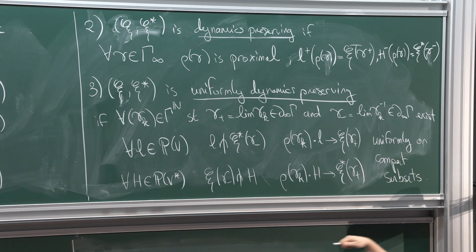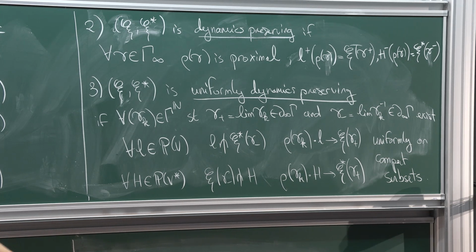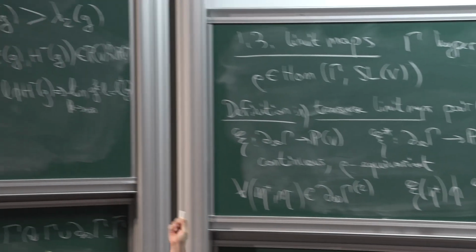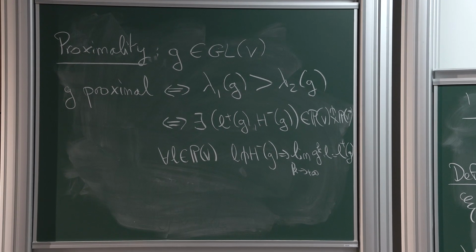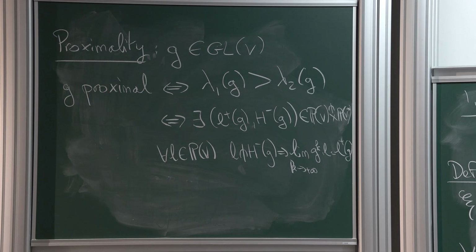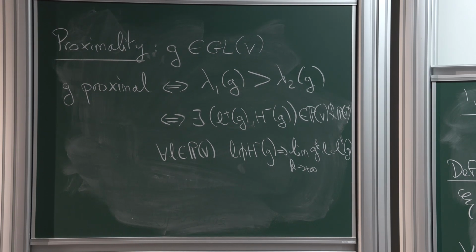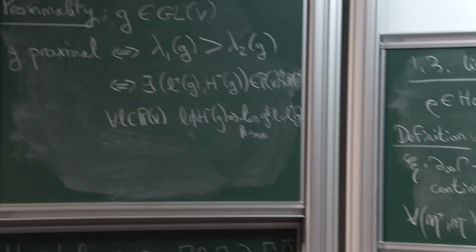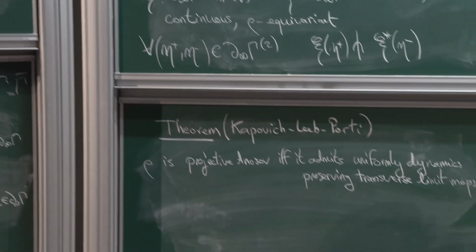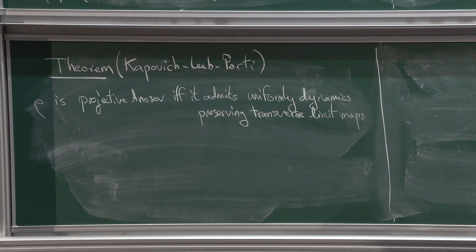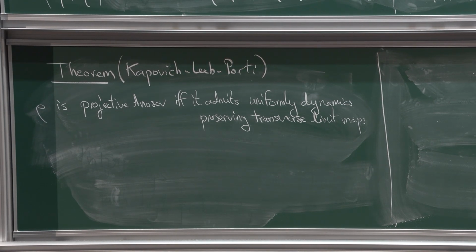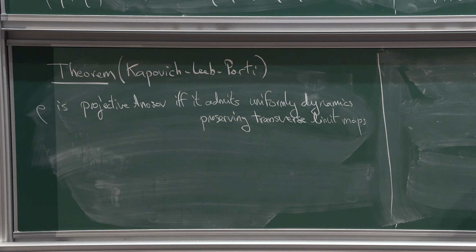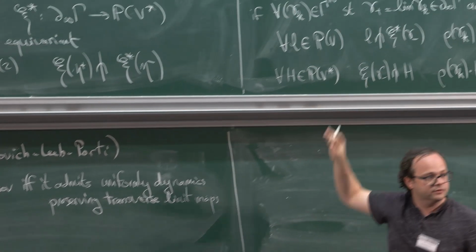And then you'll use this second characterization of proximality to find that rho of gamma will have to be proximal, and that psi of gamma plus will be this L plus, and psi star of gamma minus will be this H minus. But it's telling you that this proximality is somehow happening uniformly for the whole representation, by having this for any sequence in your group.